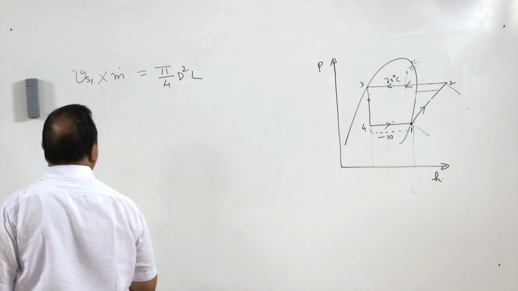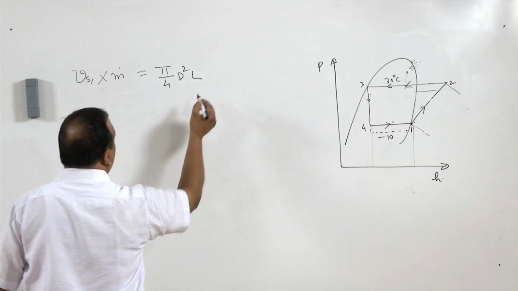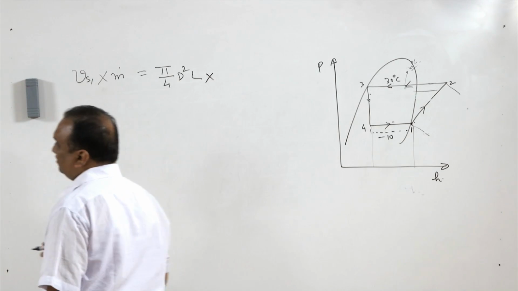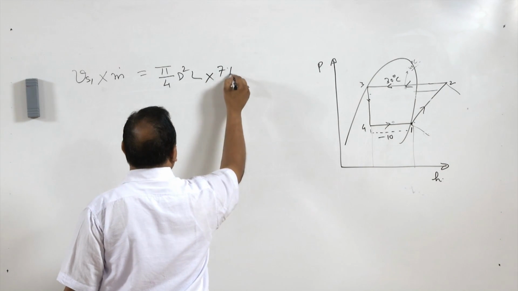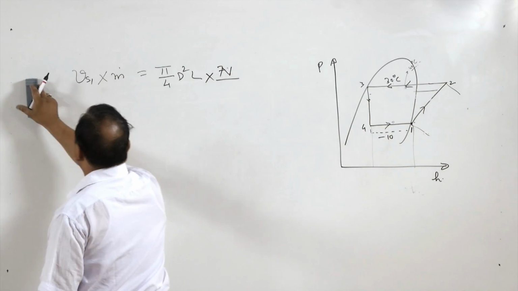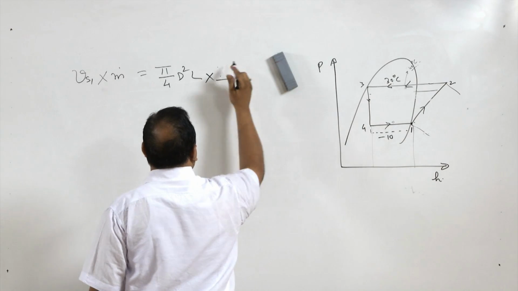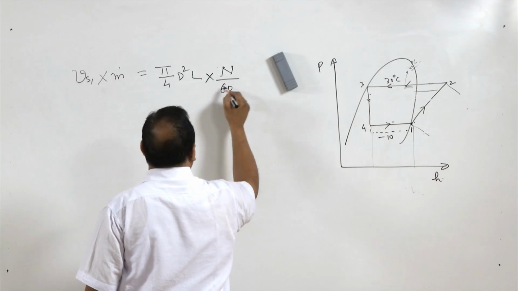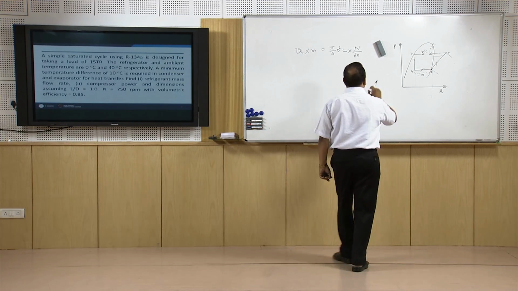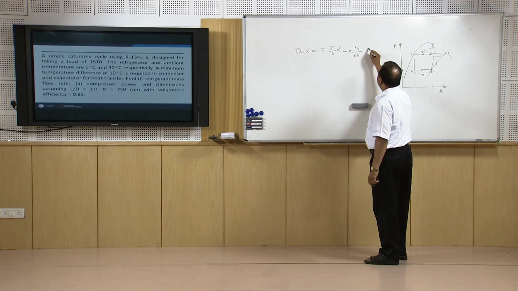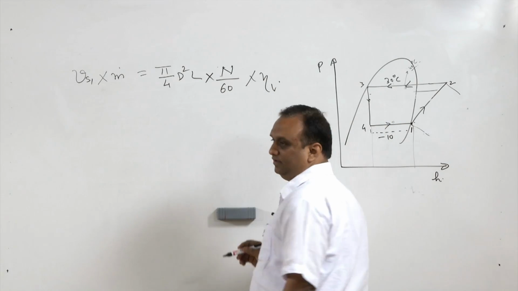L is the length of the stroke, number of strokes per second, here 750 RPM or N is 750, okay, N divided by 60 per second. So, this much volume will be handled by the compressor, multiplied by volumetric efficiency.